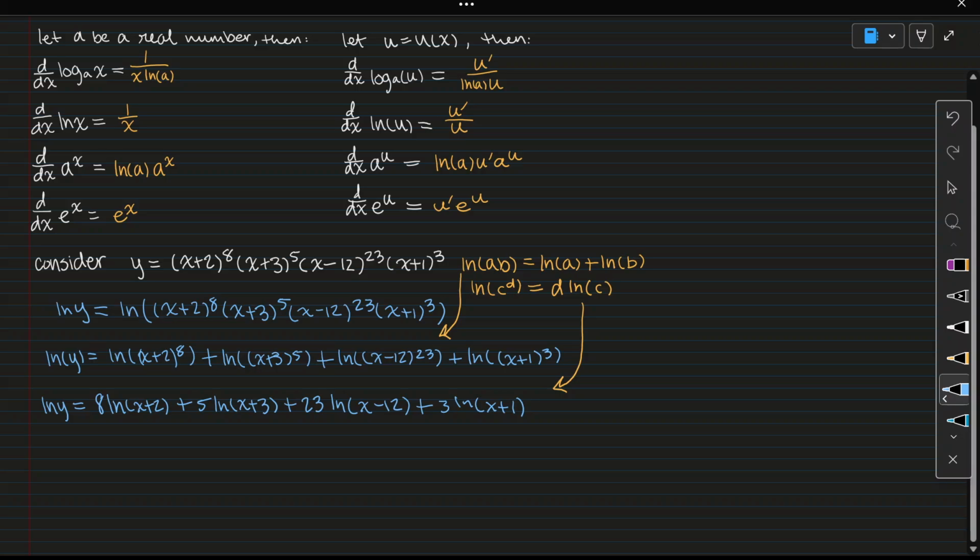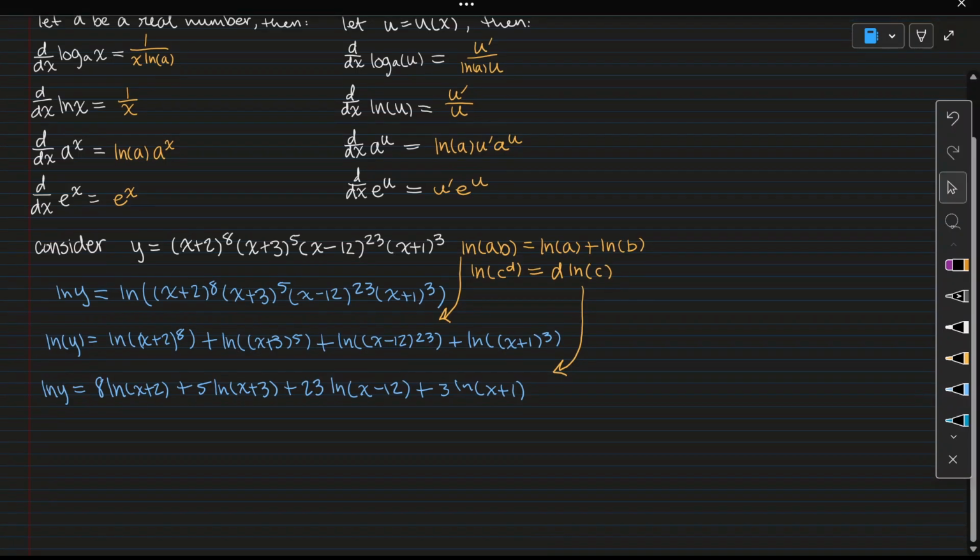Cool. So now the right-hand side looks like something I can differentiate very easily. It's a sum of easy to differentiate functions. So I'll go ahead and do that now. Differentiating the left-hand side gives me y prime over y as before. And then I just take my derivatives down the line.